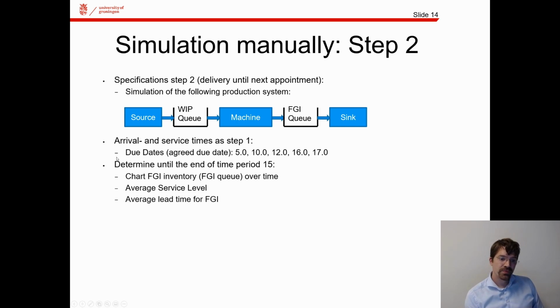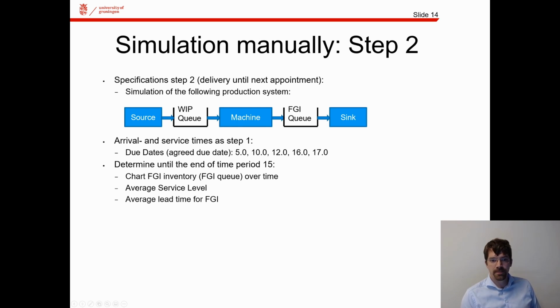So for that, you need the due date. So for example, for order 0, the customer wants to have the item at time 0. For order 1, the customer requests the item to be ready at time 10. So again, you have to determine the following chart and key metrics up to time period 15.